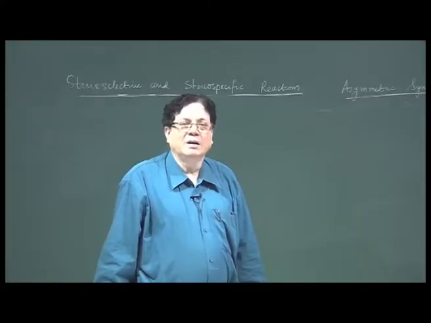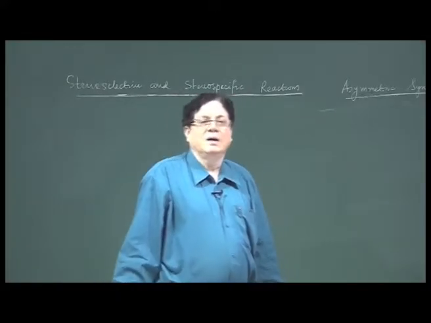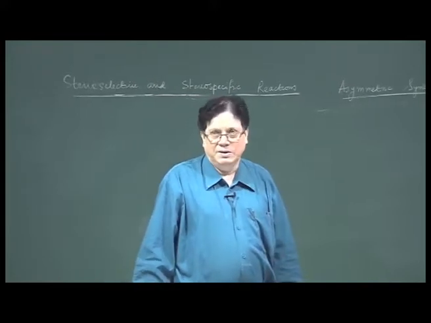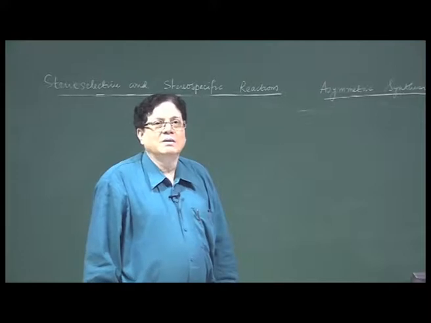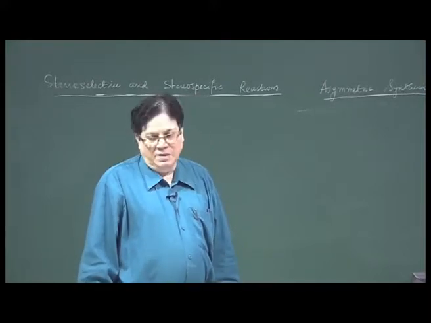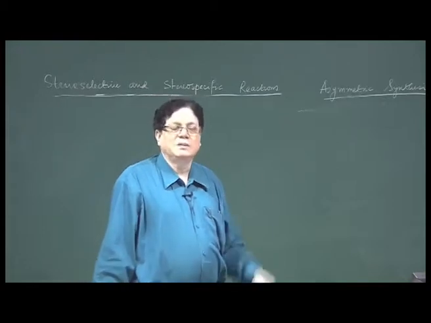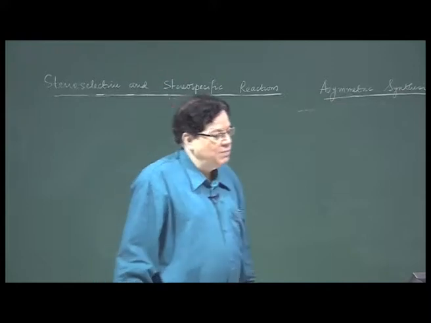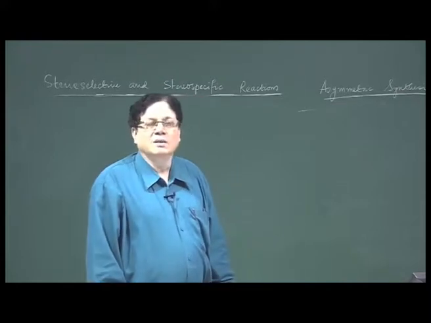Okay, welcome back. We have just seen the definitions of stereoselective and stereospecific reactions and asymmetric synthesis. In the true sense they are all different, but in reality stereoselectivity is now most often clubbed with asymmetric synthesis.